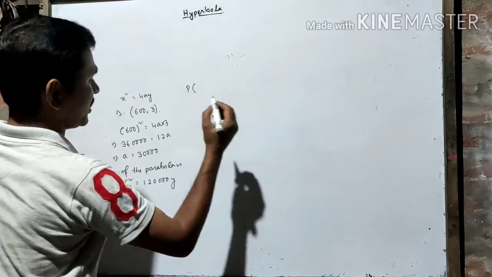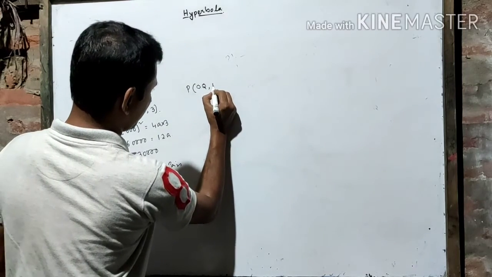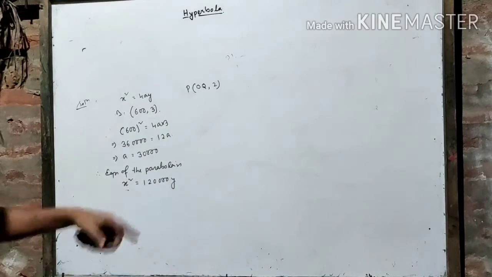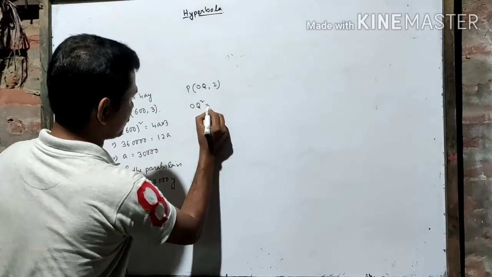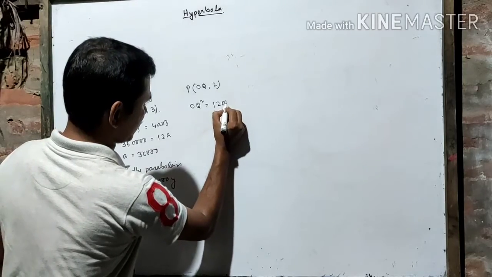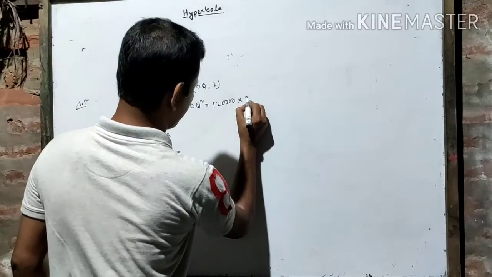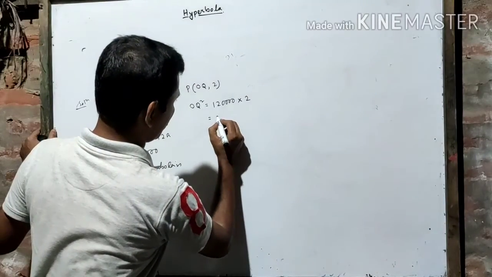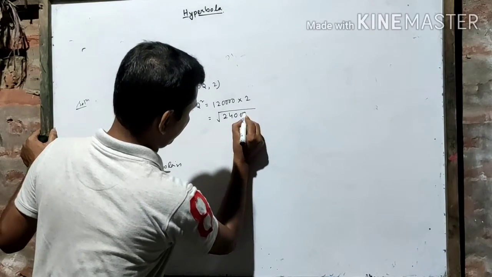Okay. Now coordinates of P are, as we have discussed, x coordinate was taken as OQ and the y coordinate was 2, and P lies on the parabola. So P will satisfy the equation of the parabola. So OQ square is equal to 120,000 into y, which is 2. Okay. So OQ is equal to under root 240,000.